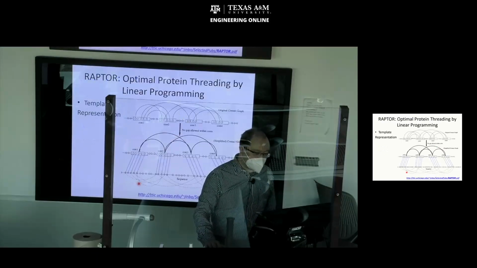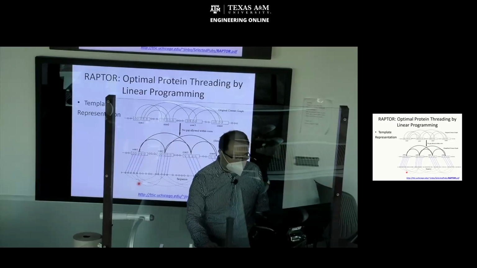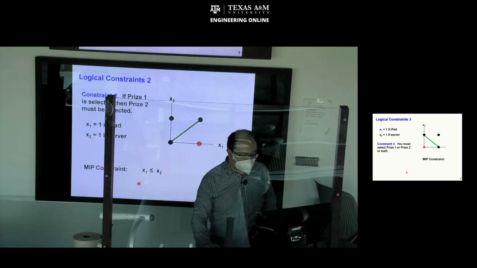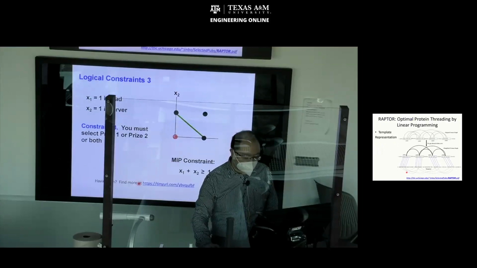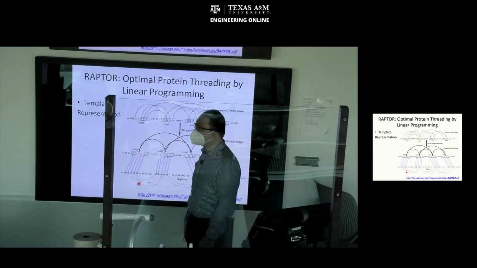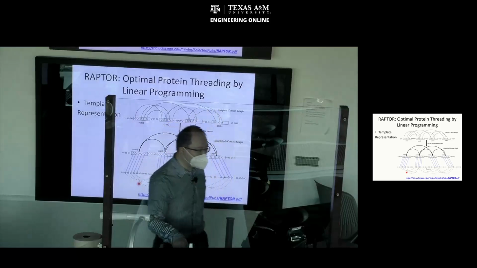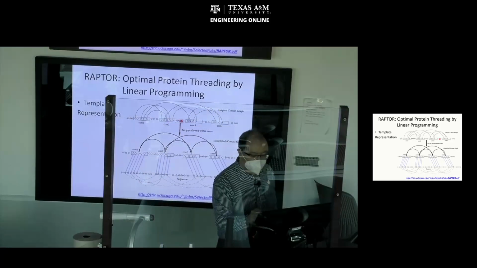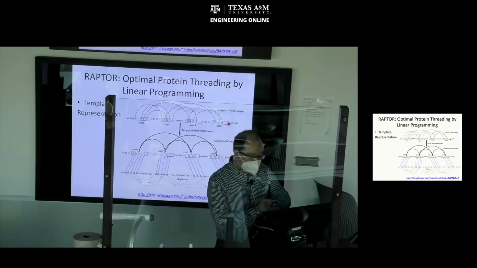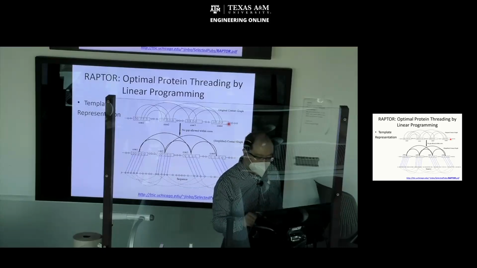Okay, now let's talk about how Raptor introduced the additional information of 2D contact and does the threading, aligning the query sequence, right up here, to a template structure. So this is the template structure and the query sequence.